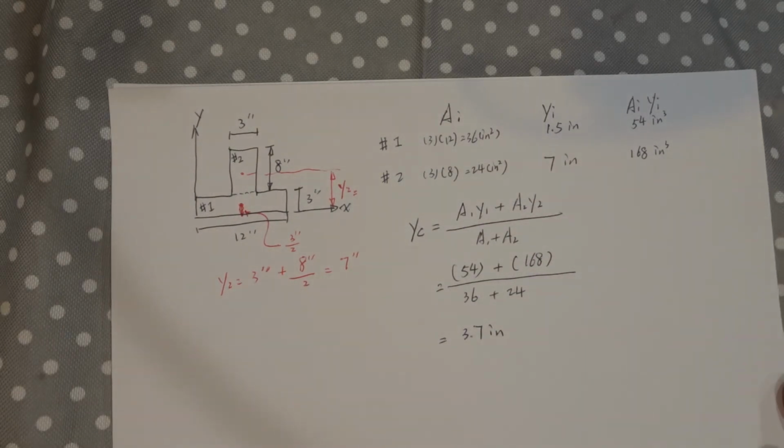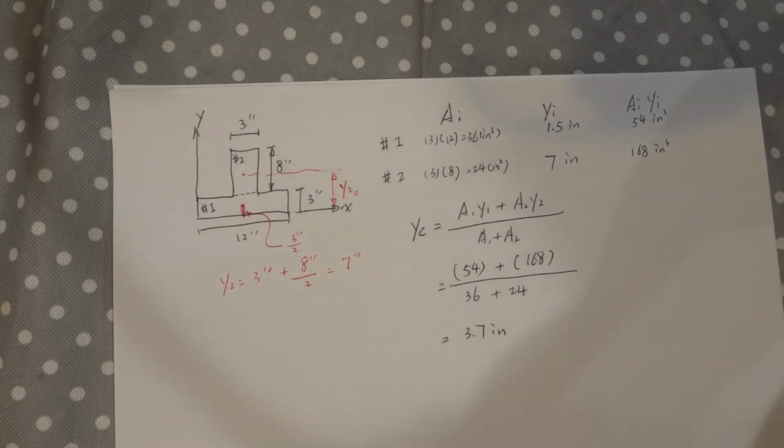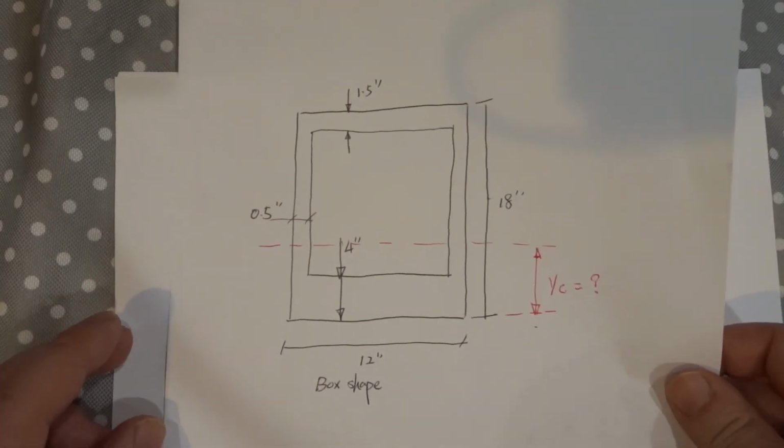Similarly, if you have any other shape, you could use this method, divide it up into a few manageable shapes, and then use this equation to calculate the centroid of these locations. Now, for practice purposes, I'm going to give you a problem to work with.